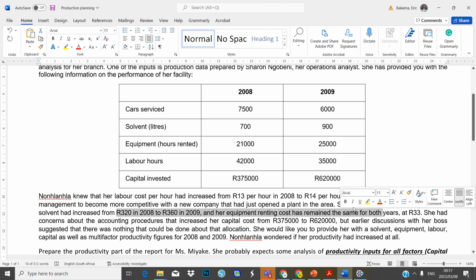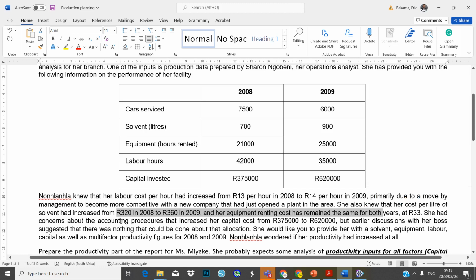Now she is concerned about the accounting process that increased the capital cost from 375,000 to 620,000. But early discussion with her boss suggested that there was nothing that could be done about the allocation.